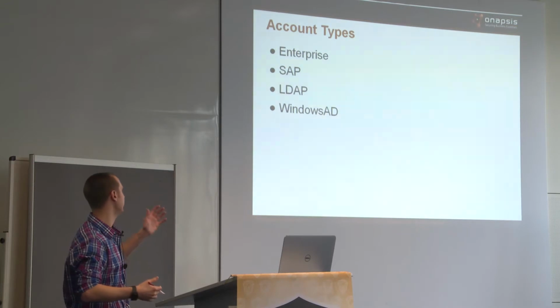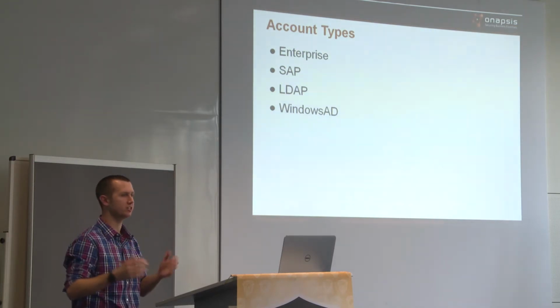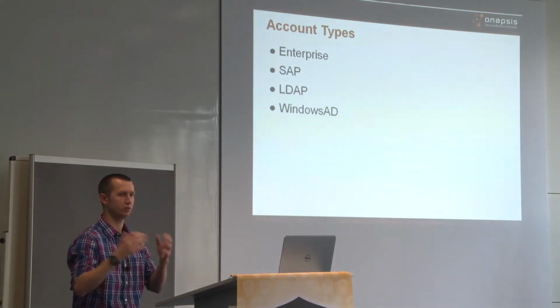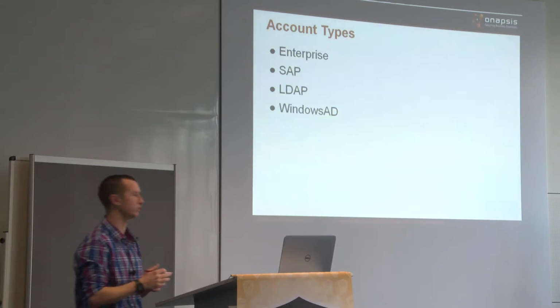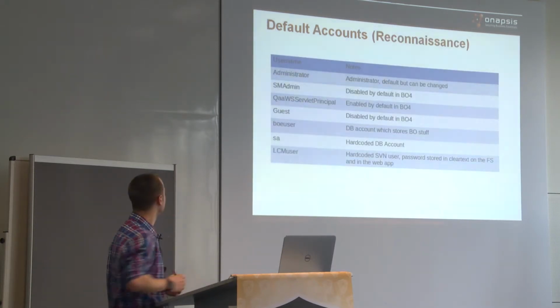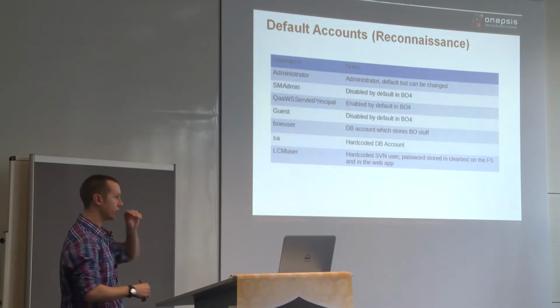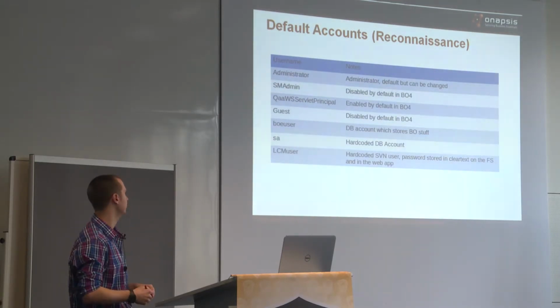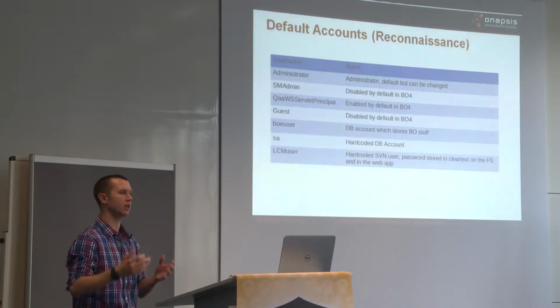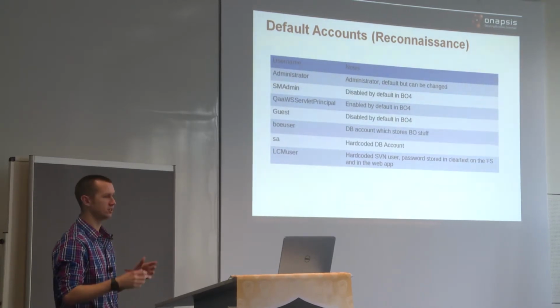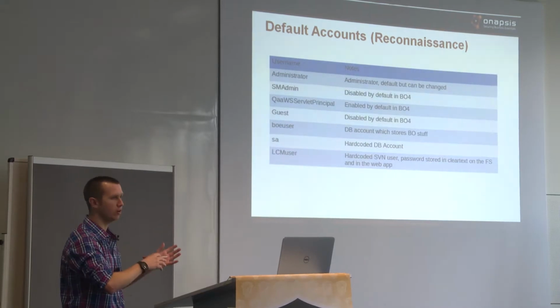Same thing with LDAP and Windows AD. When we're pen testing, I'm sure any pen testers in the room, if you've included it as part of the test, there's almost always a default account. These are the accounts that come baked into the product. The administrator account is an enterprise account. It's the highest privileged account in Business Objects. It's in there by default, but it can be changed.